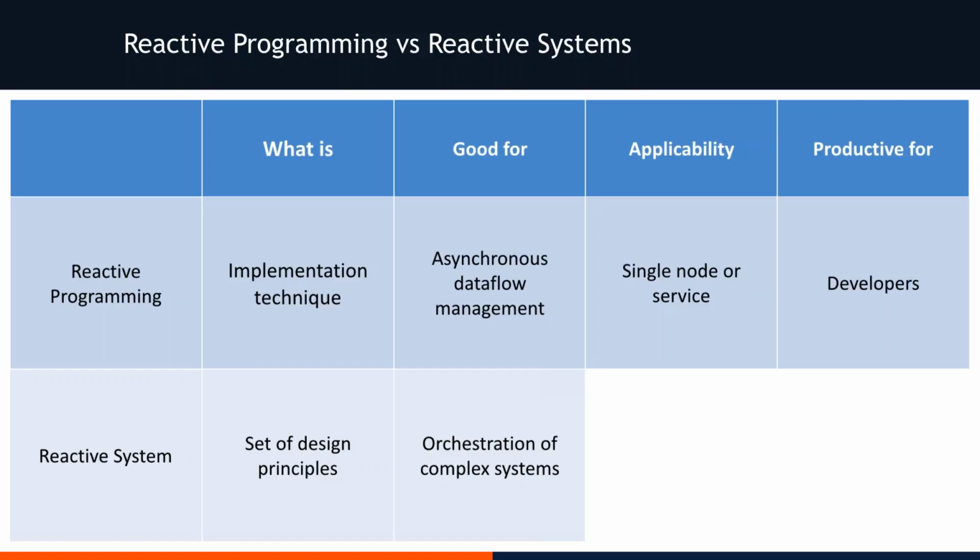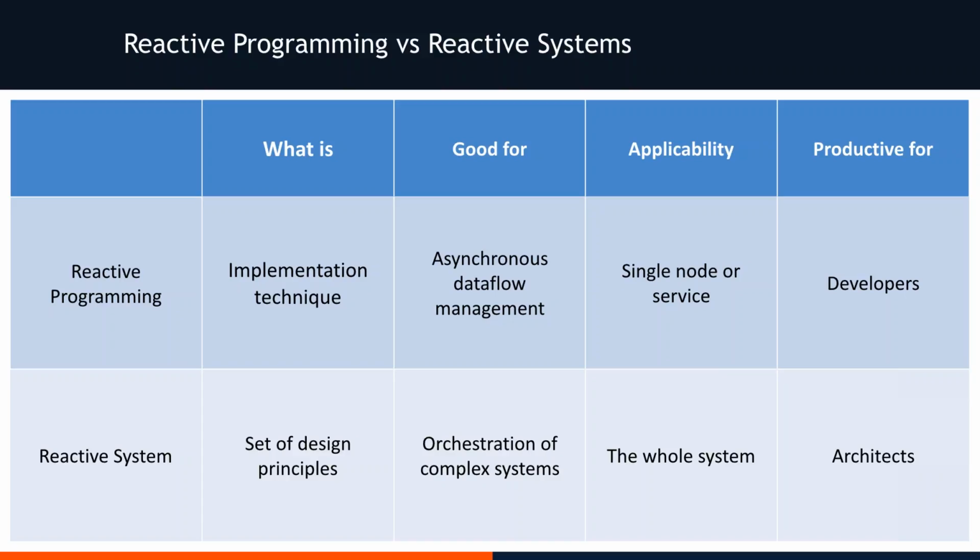At that point, the applicability of these principles is really about the entire system that we are managing. And in that sense, they are most useful for architects. So we can say easily that reactive programming is an important part of a reactive system at a more local level.